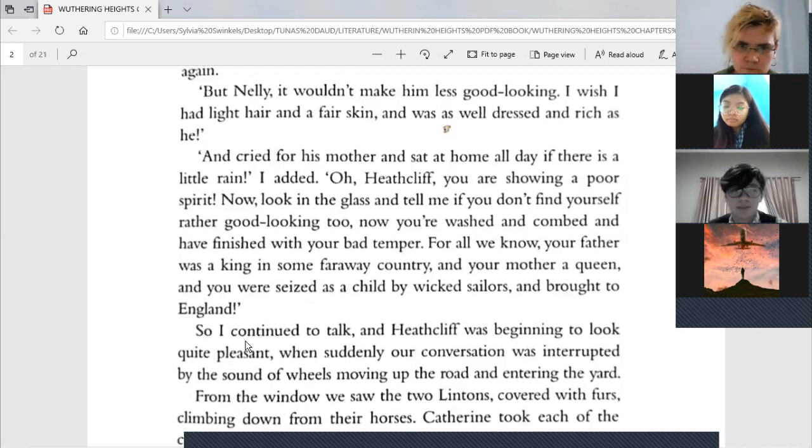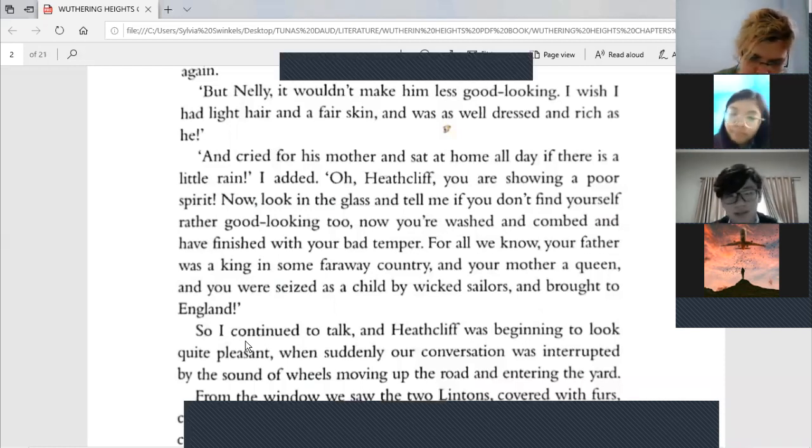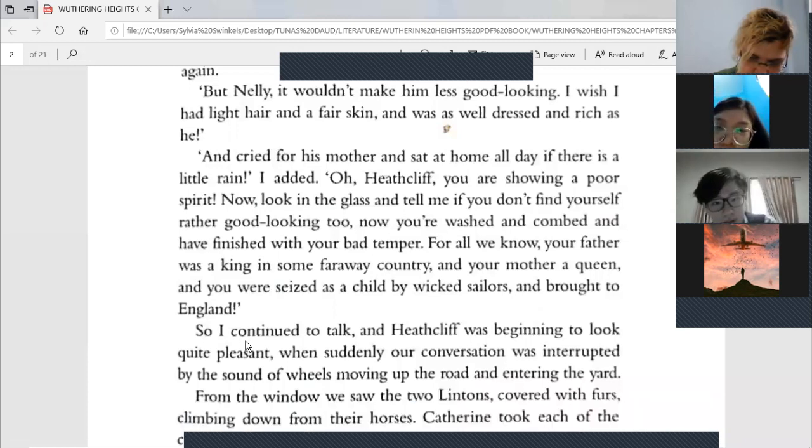Now look in the glass and tell me if you don't find yourself rather good looking too. Now you've washed and have finished with your bad temper. For all we know, your father was a king in some faraway country, and your mother a queen, and you were seized as a child by wicked sailors and brought to England."